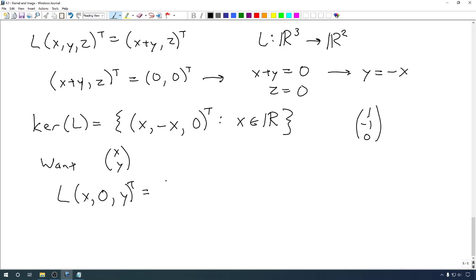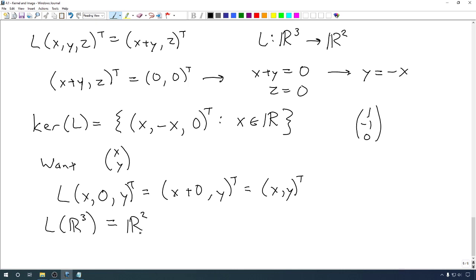That's going to give us x plus 0, comma y. But x plus 0, of course, is just x, y. So if we start with any vector in R2, there is something that will go to it. So actually, the image, or the range of this map, is all of R2. Everything is part of the range of this.